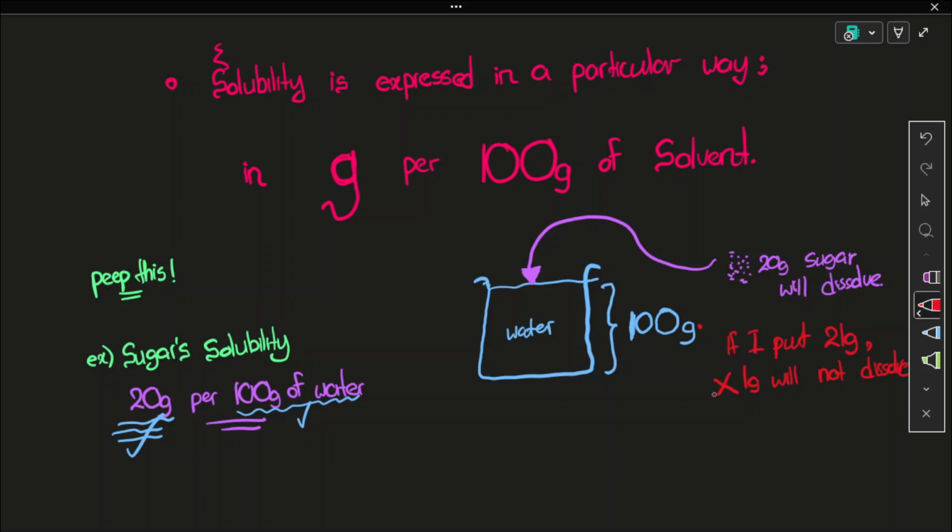What does that mean? If you have 100 grams or 100 milliliters of water, you can dissolve a maximum of 20 grams of sugar. 1 gram will not dissolve. Then what would happen to that 1 gram? It will simply deposit at the bottom.